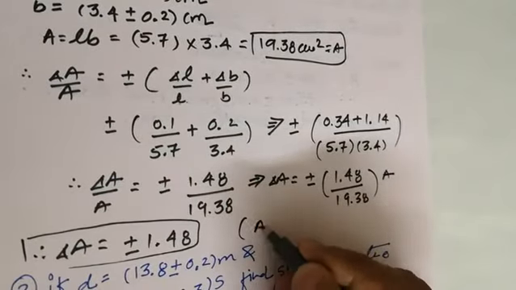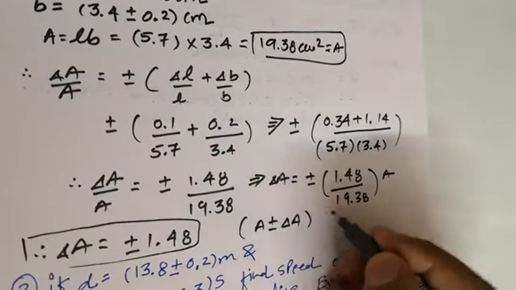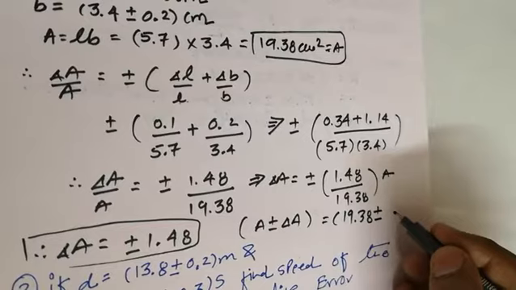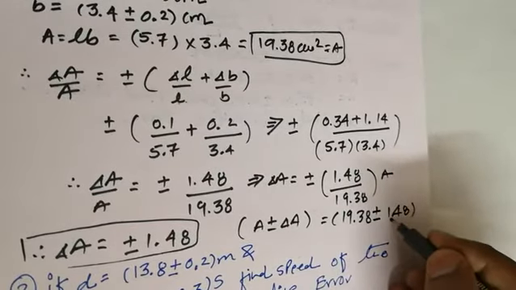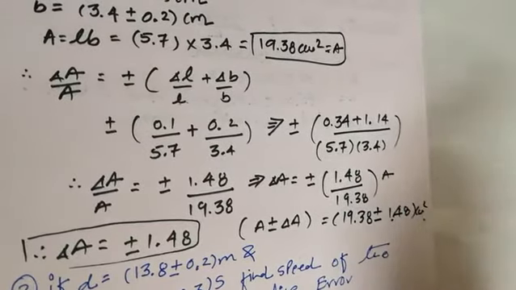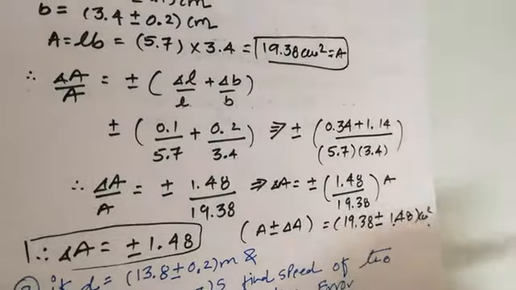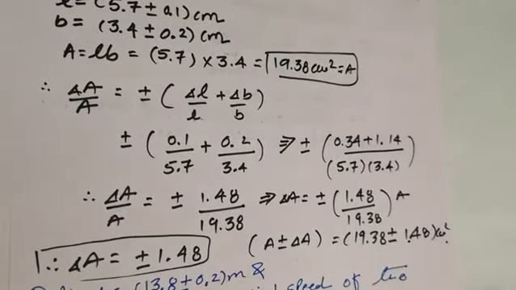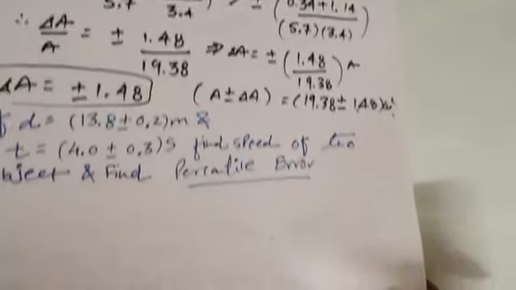So I can place my data as A plus or minus delta A equals 19.38 plus or minus 1.48 centimeters square. This is how you can calculate the area in terms of length and breadth.